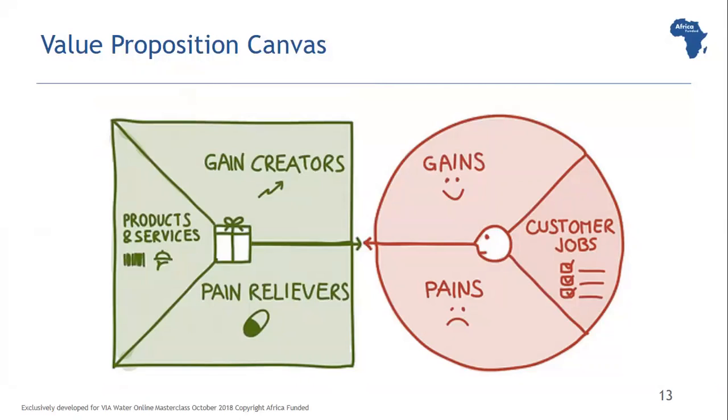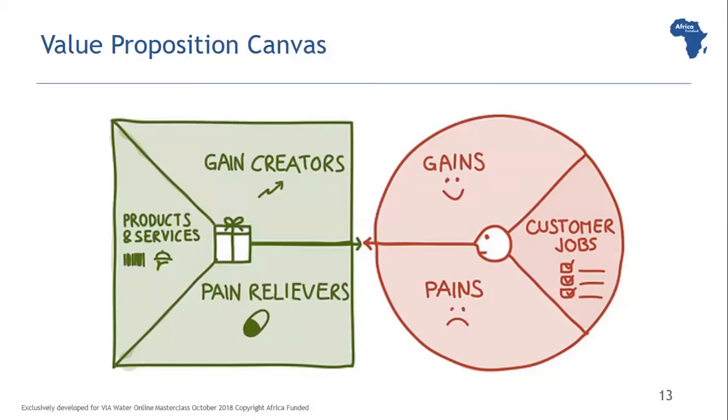They have some jobs they want to do, for example a specific task, a specific problem, or a social thing to get done. They want to look good. They want to get power or status. Or maybe it's more about security or feeling good. Or maybe they have some basic needs, some communication needs in other areas. So there are some elements that this customer wants to get done.